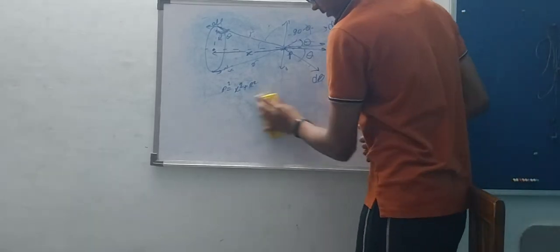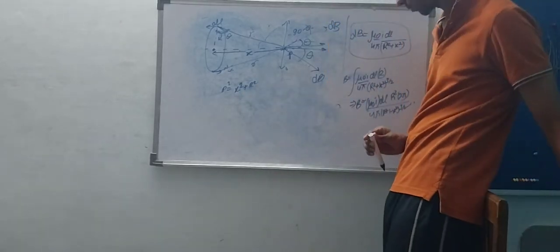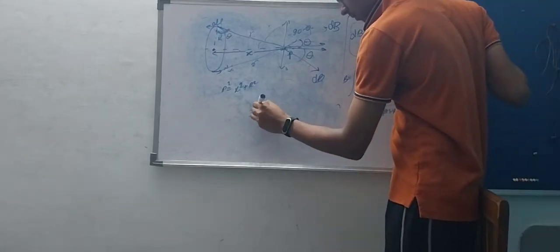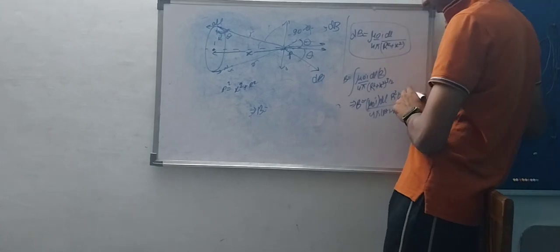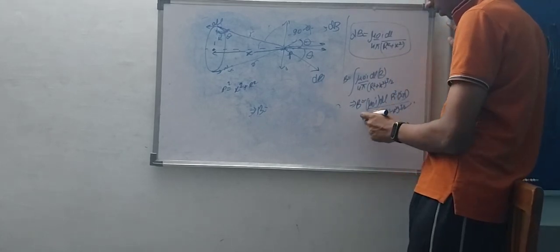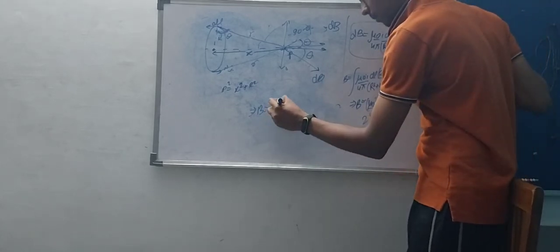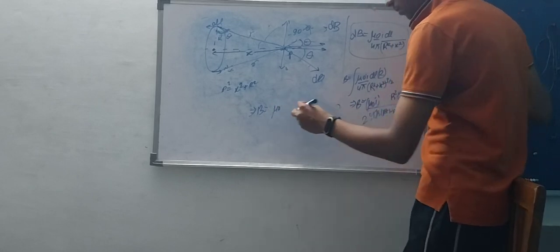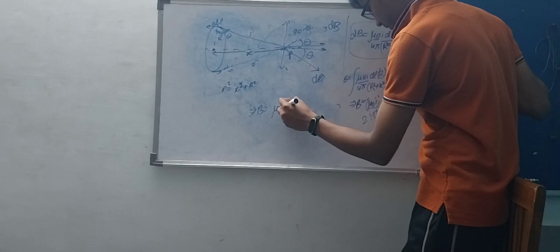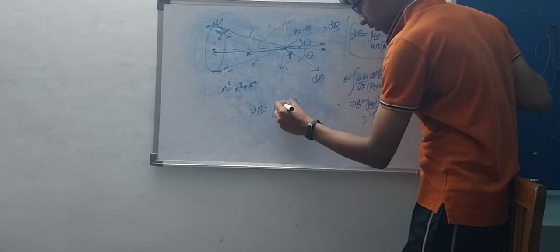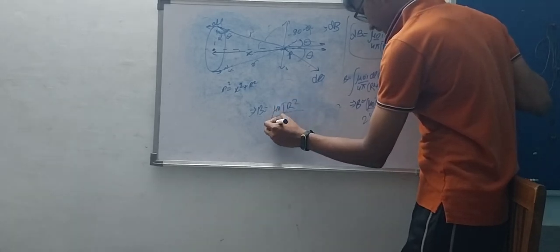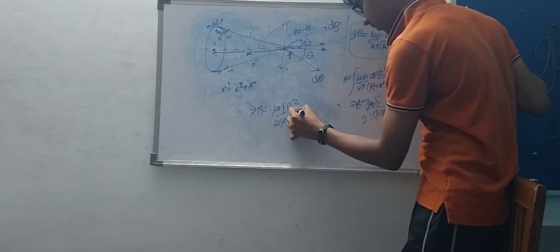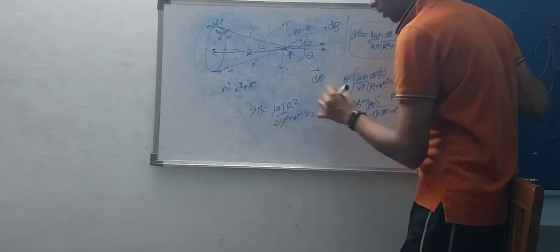From there the pi cancels, the 2 cancels, and we get mu naught I r square by 2 times r square plus x square to the power 3 by 2.